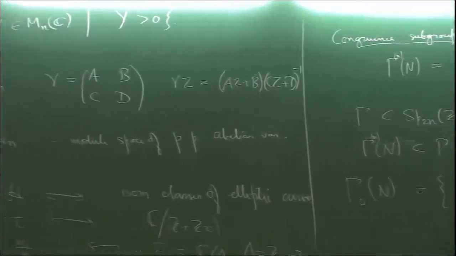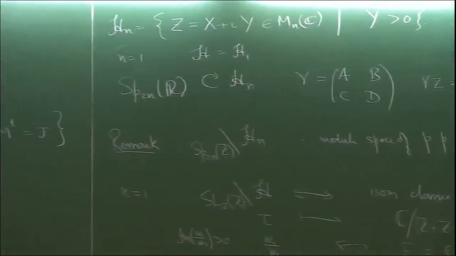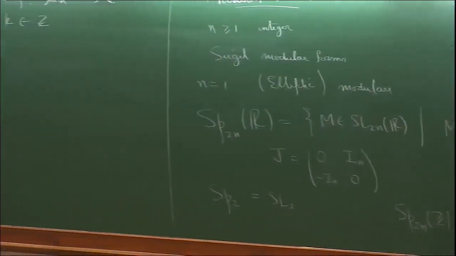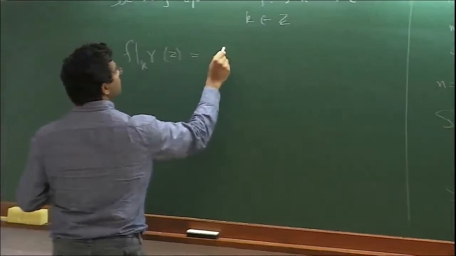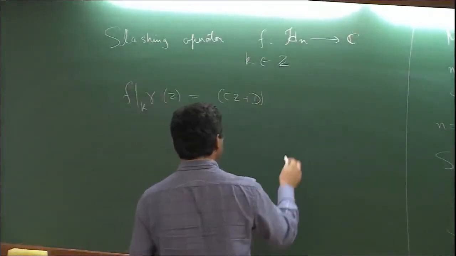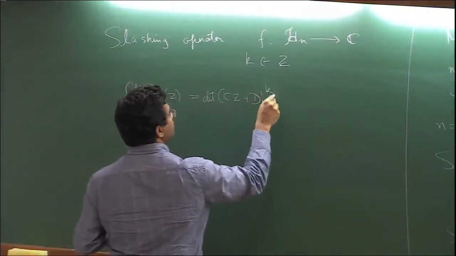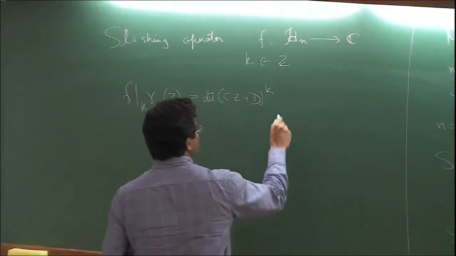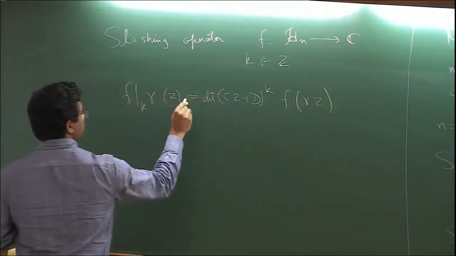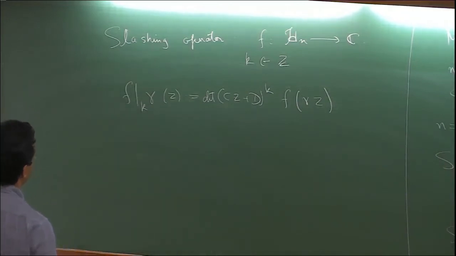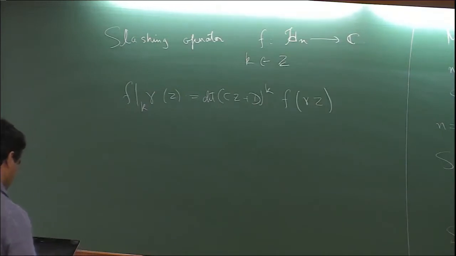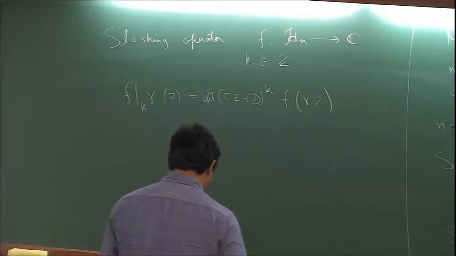So f is a function from this and k is an integer, then you can define this as cz plus d, determinant to the k, f of gamma z. Okay, so that's the slashing operator.